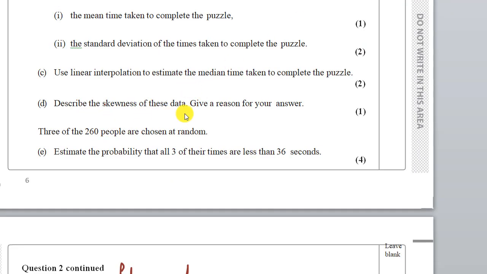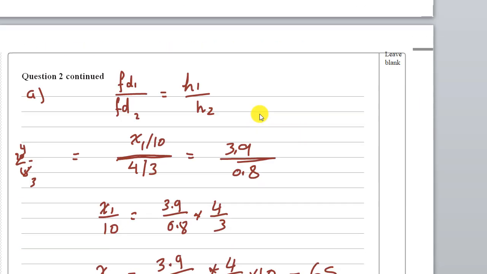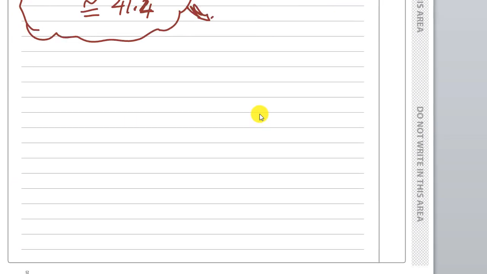Describe the skewness of this data, giving a reason for your answer. Let us start to solve this part. This is part D. We have the mean and the median.